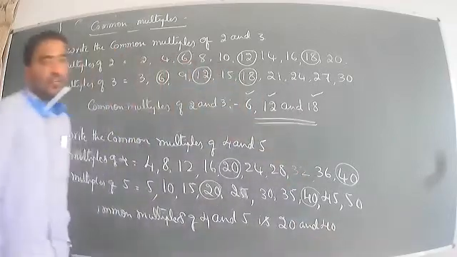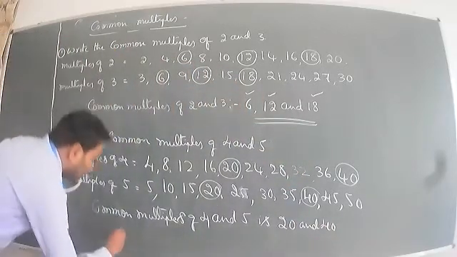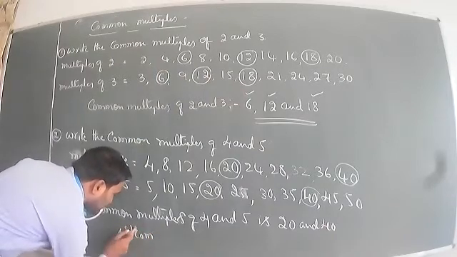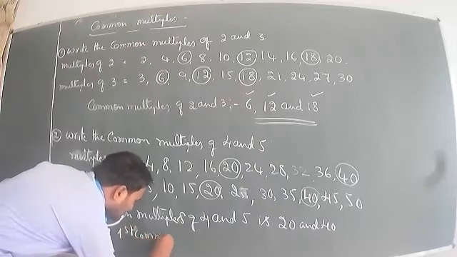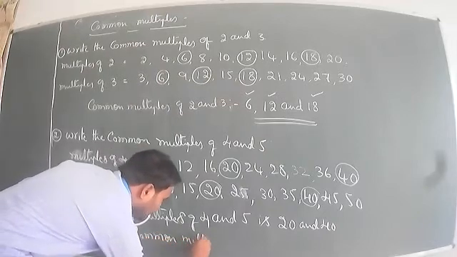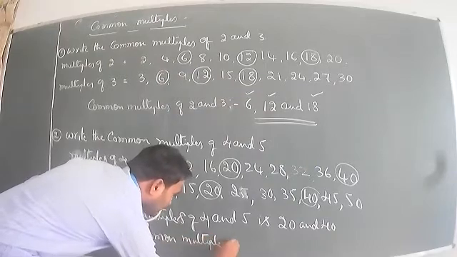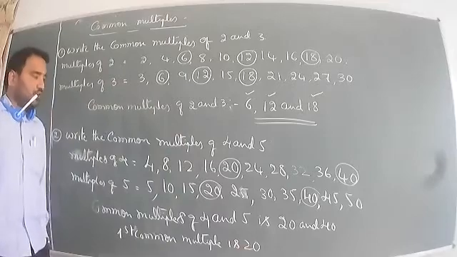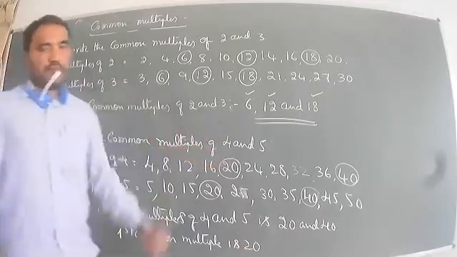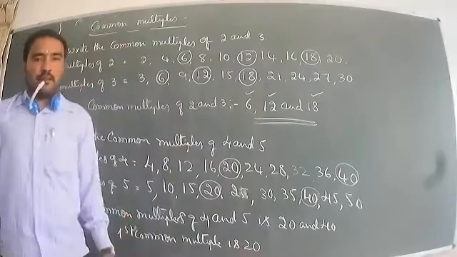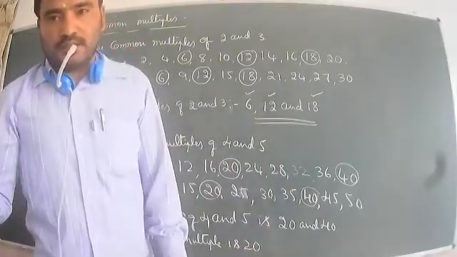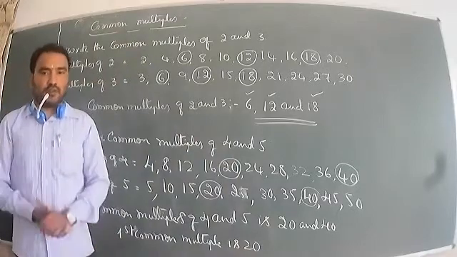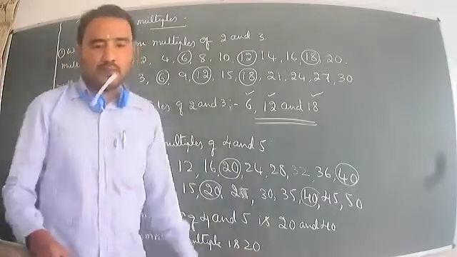The first common multiple is 20. The second common multiple is 40. So this is about multiples and common multiples.